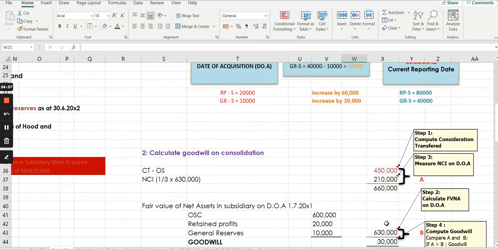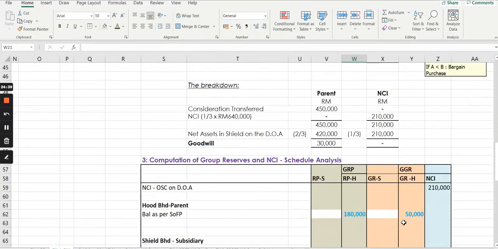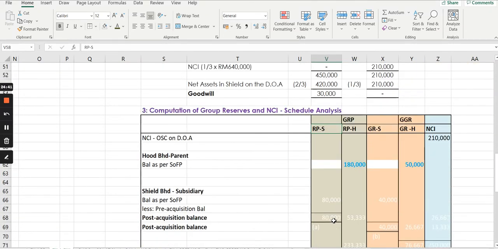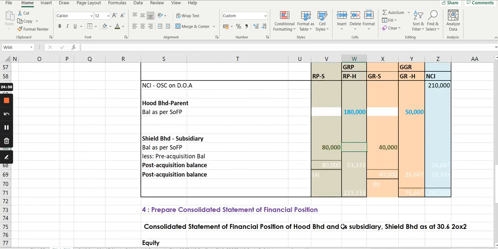It must be under the retained profit column of the subsidiary. RPS means subsidiary, so put it there. It is 80. Another one is 40, so put it there.